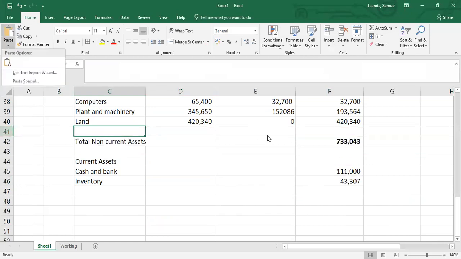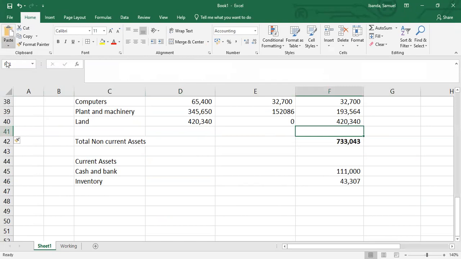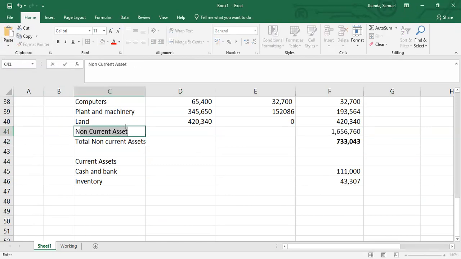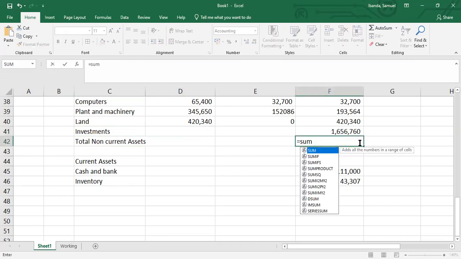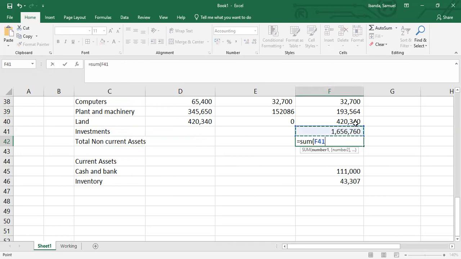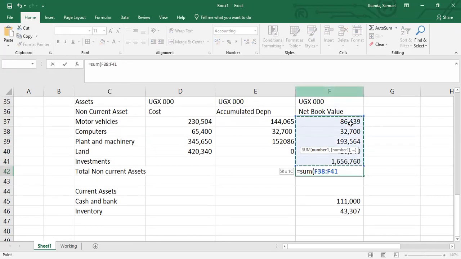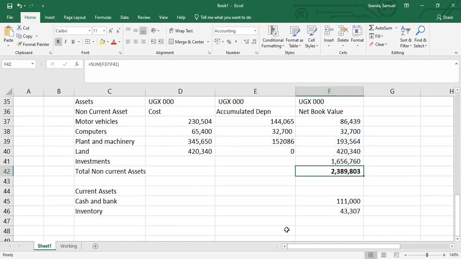Investments are very key under your non-current assets. So it means that this will even adjust my value to about 2839.